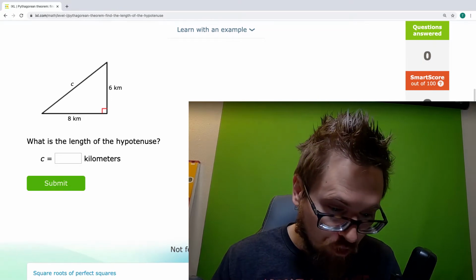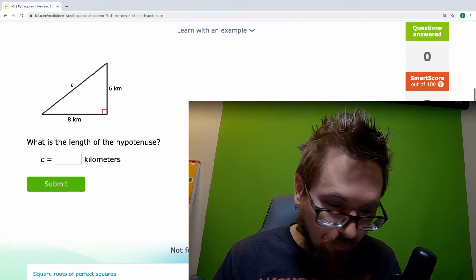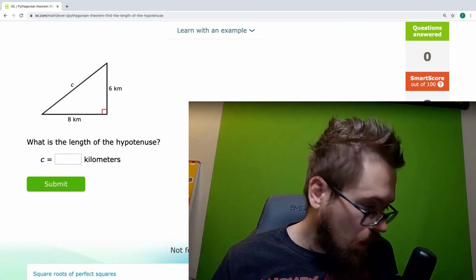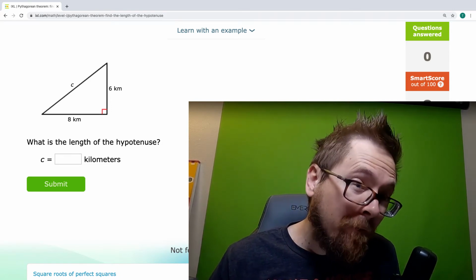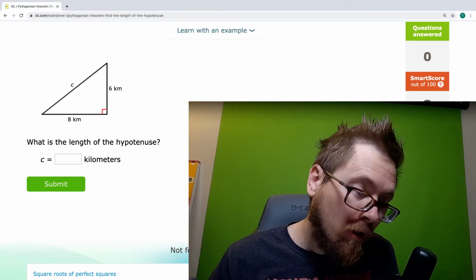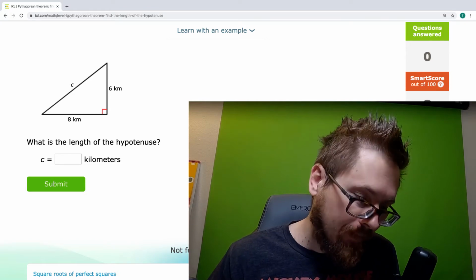up, okay? So remember, the Pythagorean theorem, there is an actual formula when you do this, and this formula helps you find the third side of a triangle, specifically the longest side of the triangle.